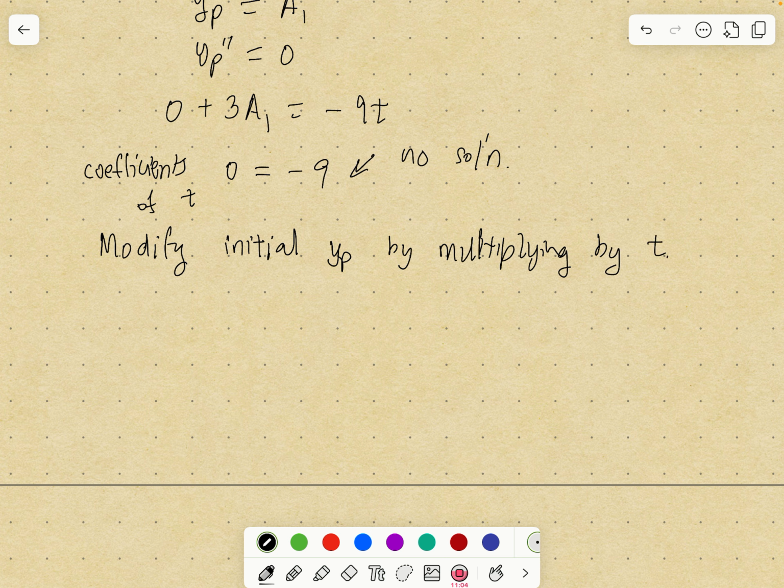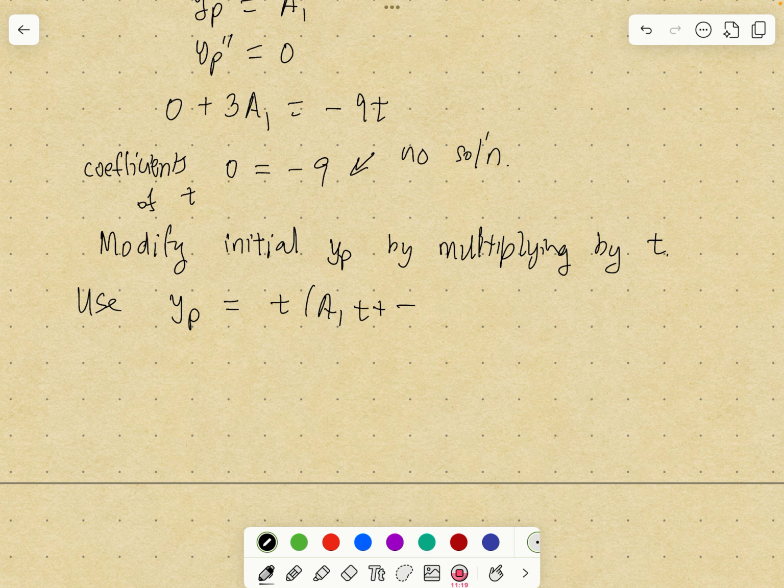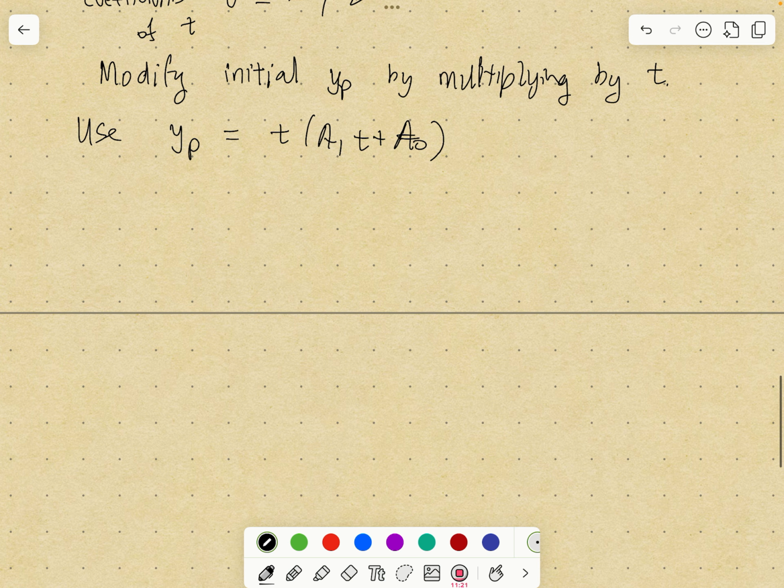So instead of a1t plus a0, the yp that will actually work is going to be t times (a1t plus a0). Now when you do that, this is going to be a1t squared plus a0t. And it turns out that if you use this polynomial for yp, the degree 2 polynomial, it will actually let you solve for a1 and a0.